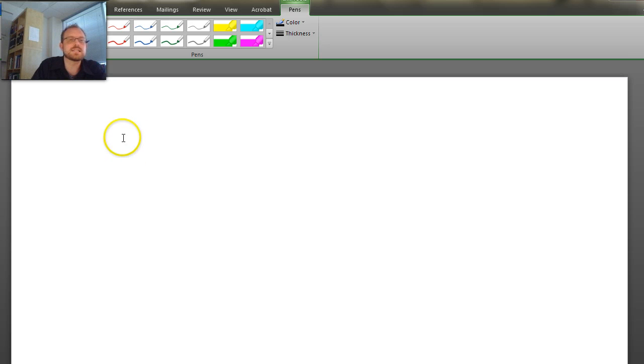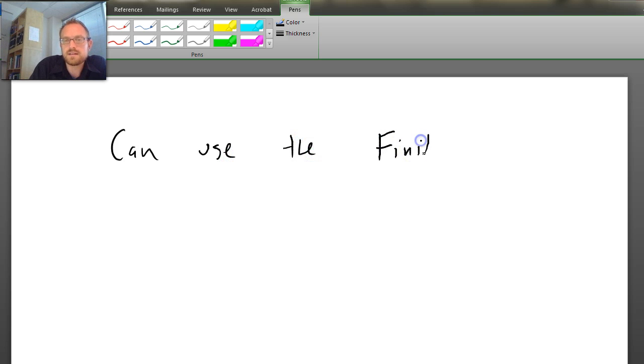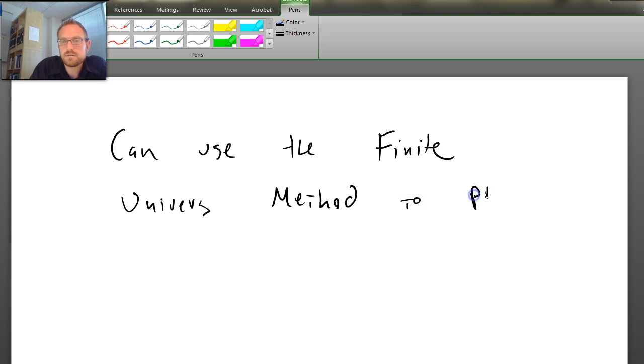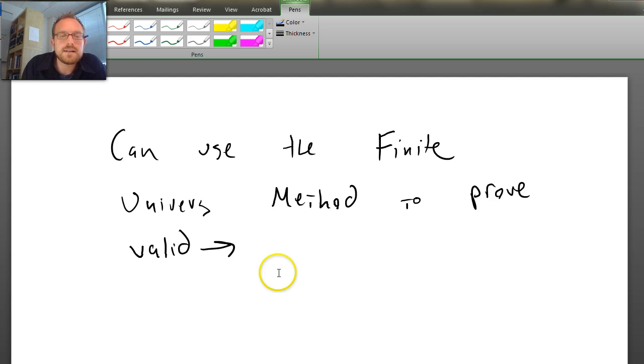Now, one of the things that's interesting is you can use the finite universe method to prove validity. So you can prove an argument is valid using the finite universe method, but the question is how many universes would you have to check?